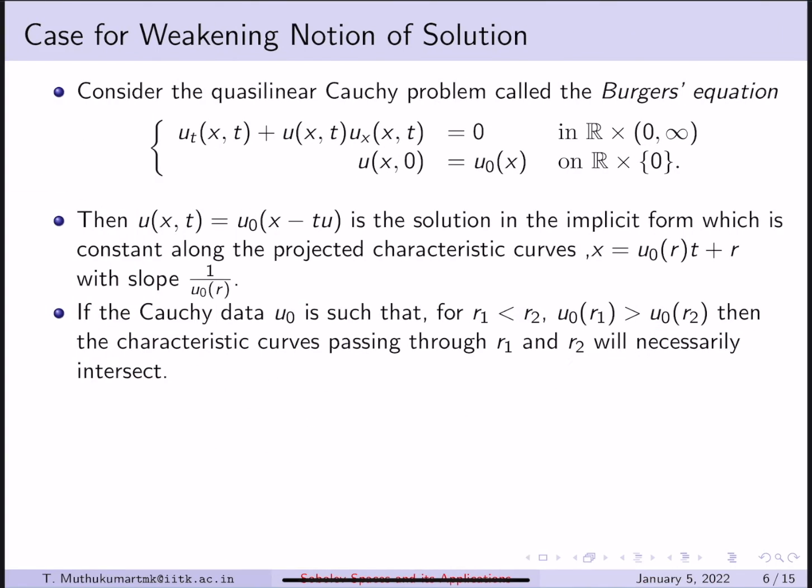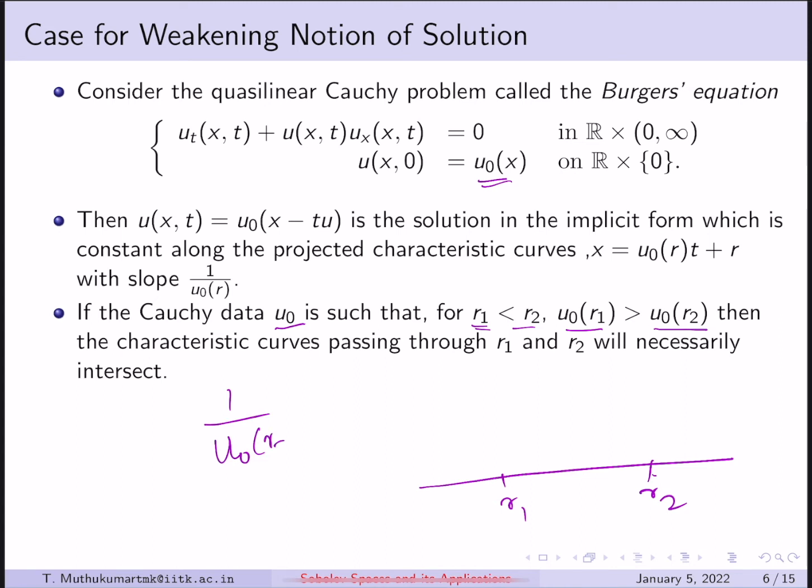What is the issue with such a thing? Think of a situation where the given u naught is such that for two points r1 and r2, with r1 less than r2, the value of u naught at r1 is bigger than the value of u naught at r2. Then 1 over u naught of r2 is bigger than 1 over u naught of r1, which means the slope of the line passing through r1 is smaller than the slope of the line passing through r2.